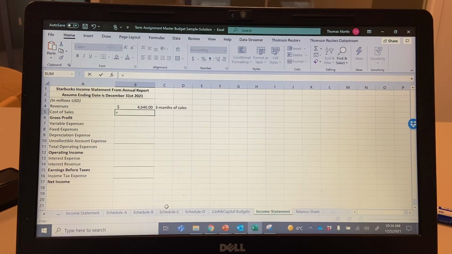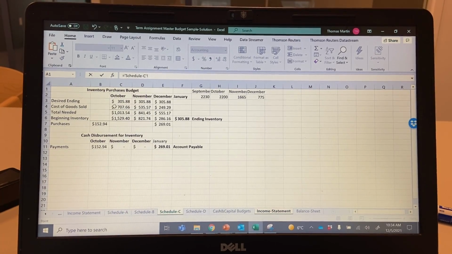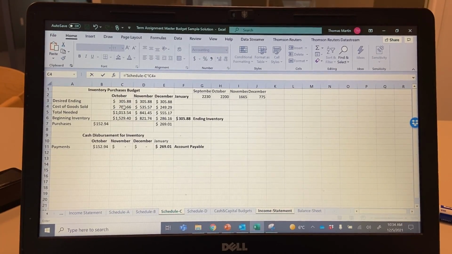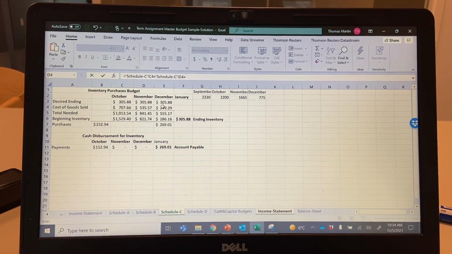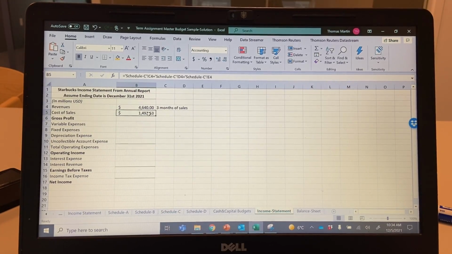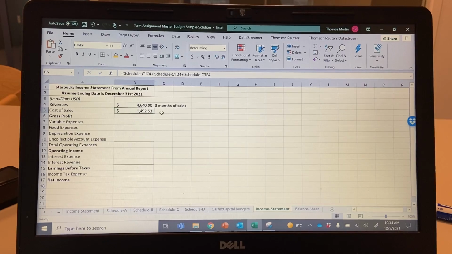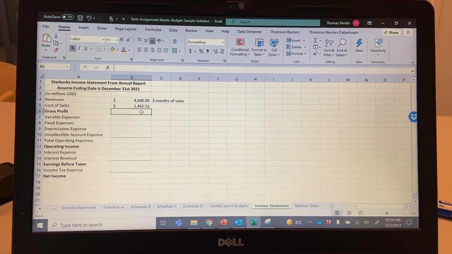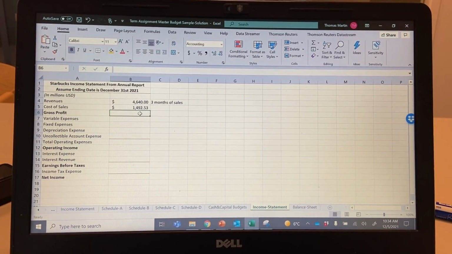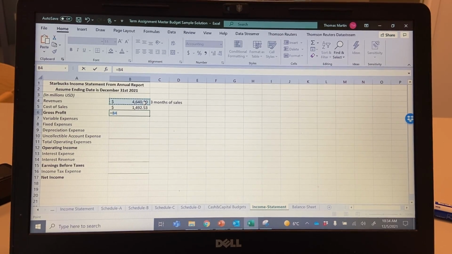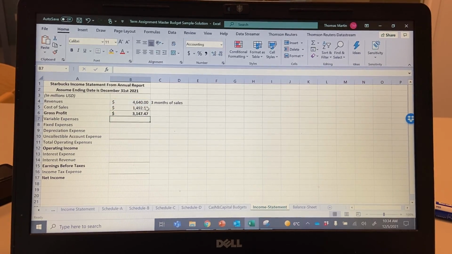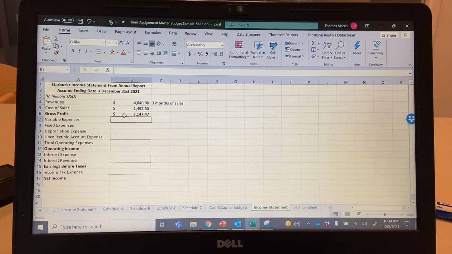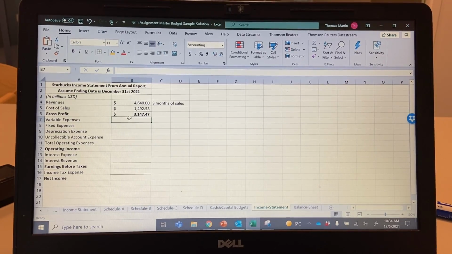In this schedule, we have cost of goods sold for the 3 months. We add these three together, and we get the same total, 1492.53. Whichever way you calculate it, you'll get the same number. Then revenue minus cost of sales is our gross profit. That's step one in making your income statement.